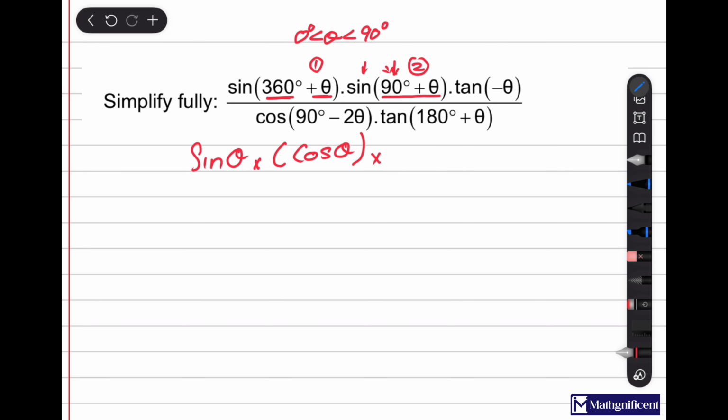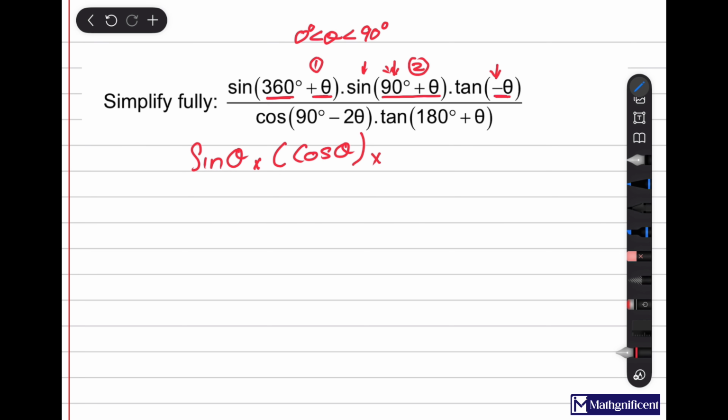And then yet again, now we have tan of negative theta. On the previous questions, we said that this negative is telling us that we are moving in the clockwise direction.